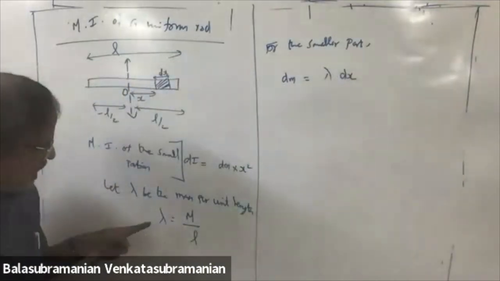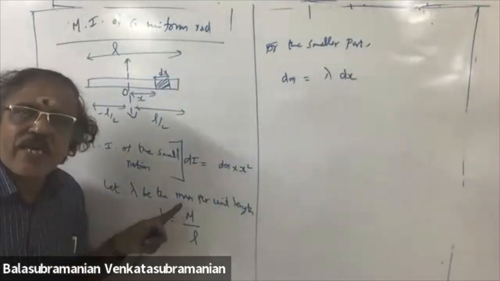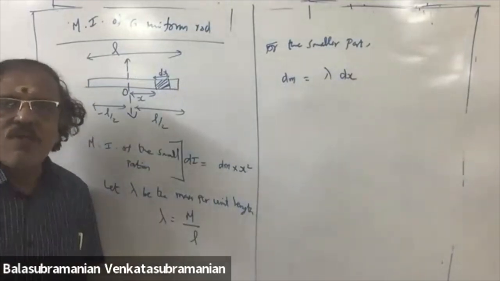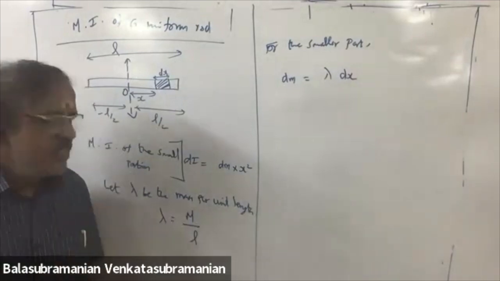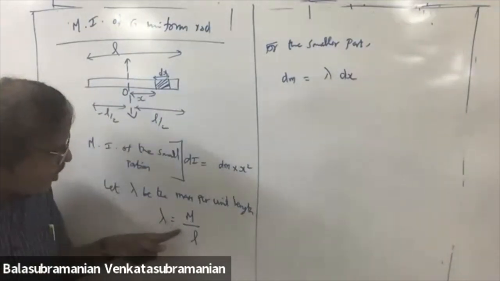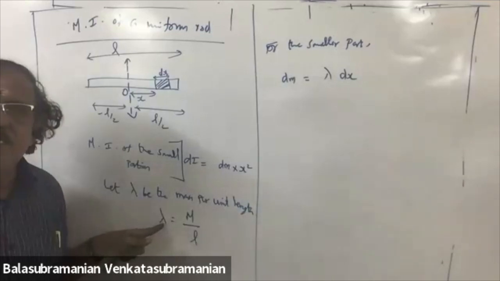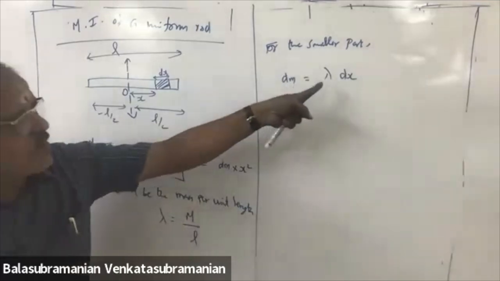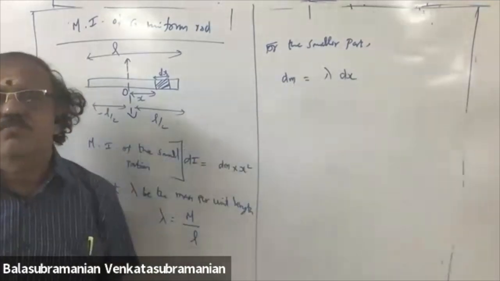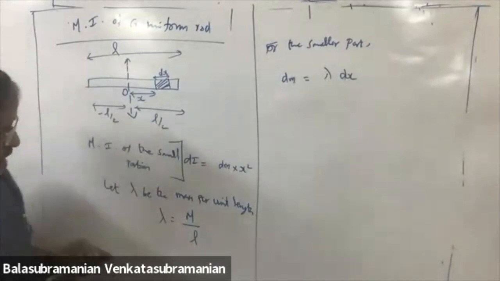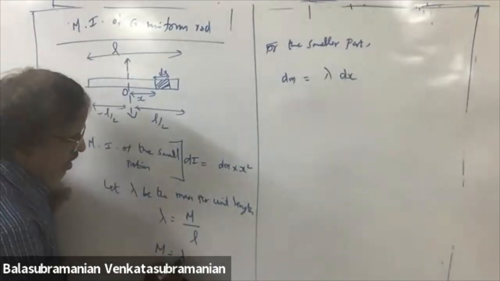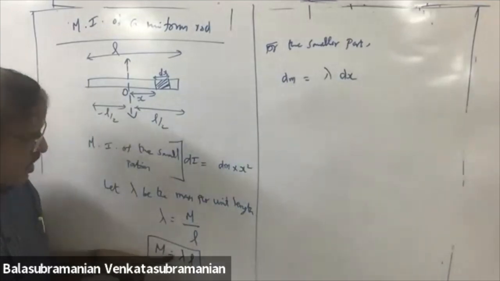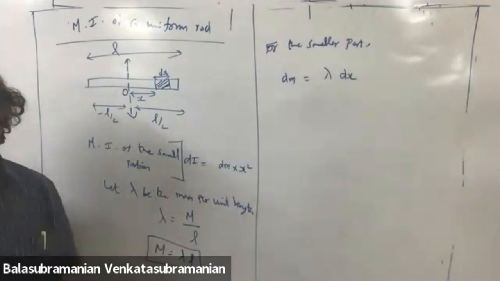You see here, lambda is M by L, so M is lambda into L. This is for the entire rod. I want it for the smaller portion. So lambda into the smaller portion's length is equal to the smaller portion's mass. So dm is equal to lambda into dx. Simple. M is lambda L, like that dm is equal to lambda into dx. That's all.